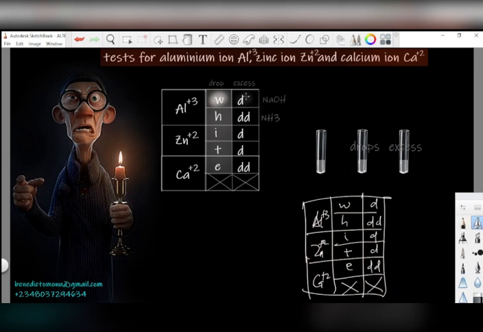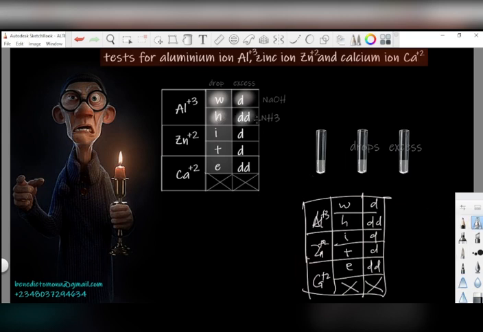This second box says, when I add excess sodium hydroxide to a sample that contains the aluminium ion, the precipitate formed dissolves. Now the next one below says, if I add ammonia in drops to a sample that contains the aluminium ion, a white precipitate is formed.